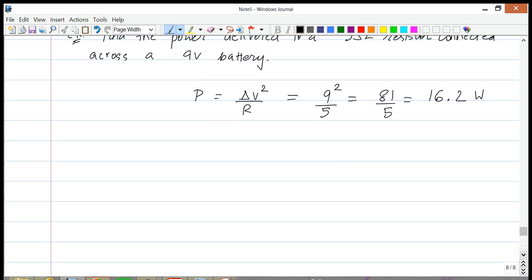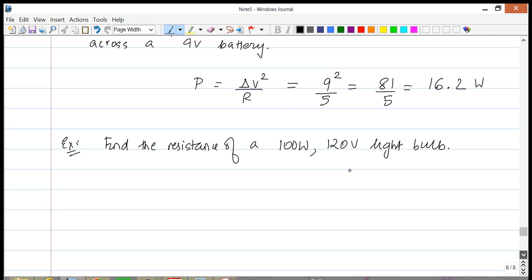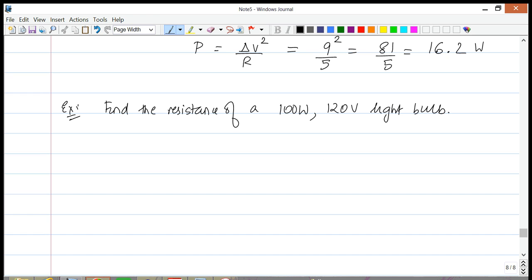watts. Okay, another question we can ask is: find the resistance of a 100 watt, 120 volt light bulb. What this says is that if you take this light bulb and connect it to a 120 volt supply, you'll get a power of 100 watts.